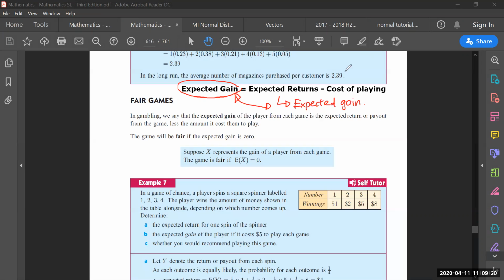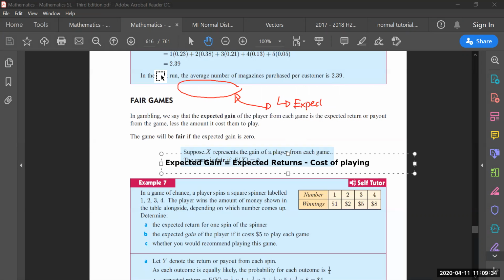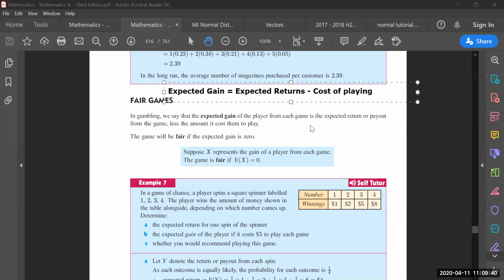Basically, if you want to look at it in economics terms, the expected profit will be equals to expected revenue minus the cost of playing.